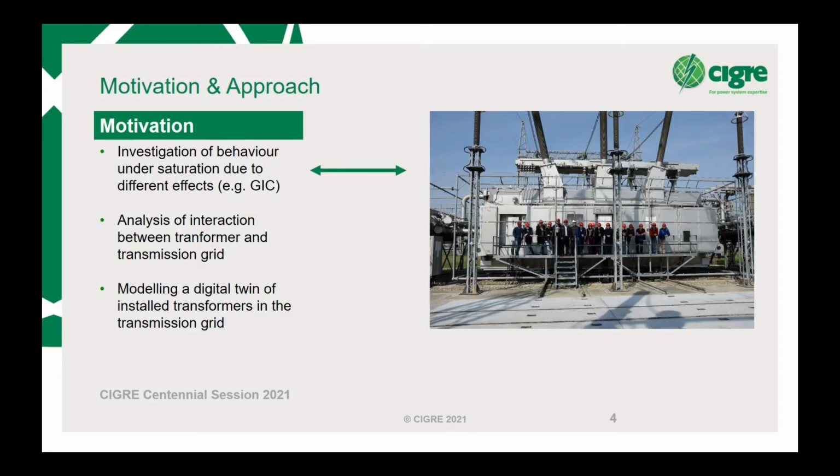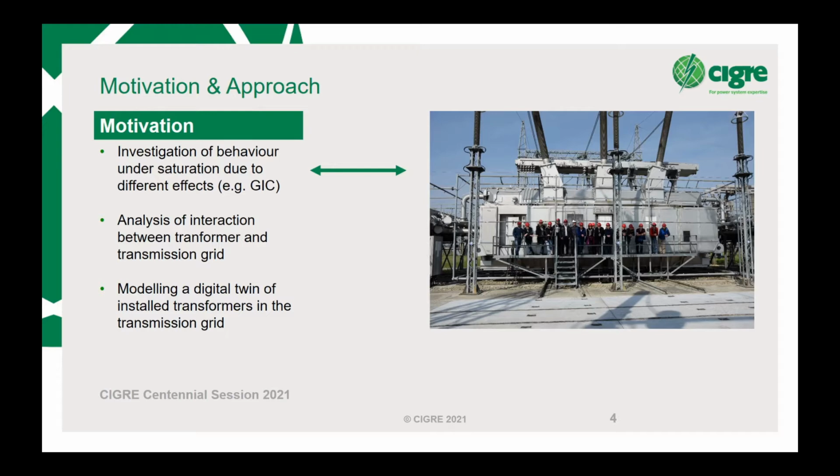Our work is motivated by the investigation of power transformers under saturation, for example, due to geomagnetically induced currents, GICs. And the question is here, how can we study such a transformer as depicted here on the right-hand side, and how to study the interaction with the power grid and the transmission grid.